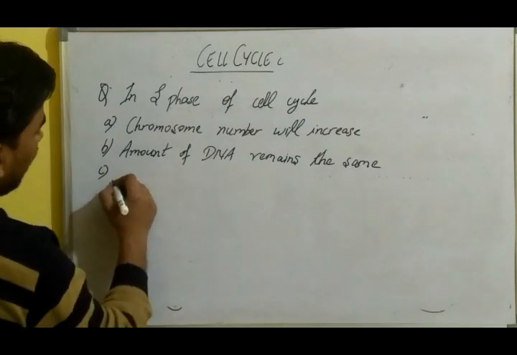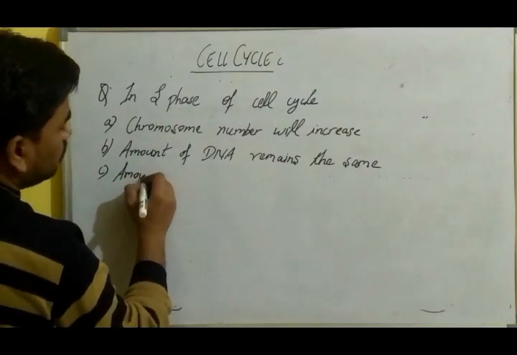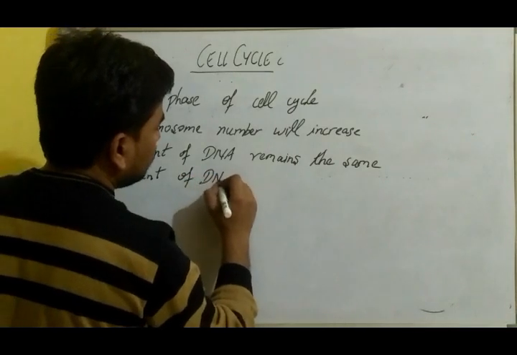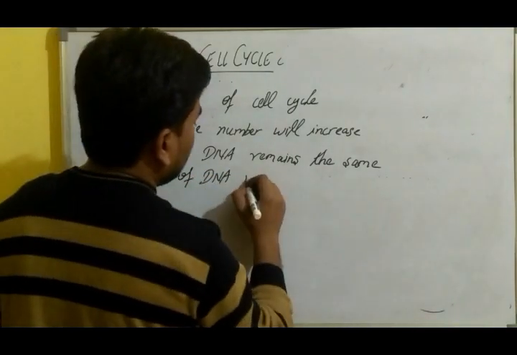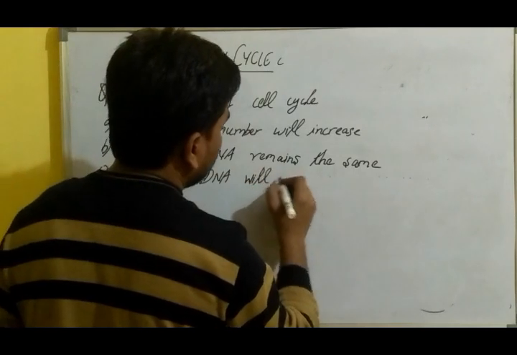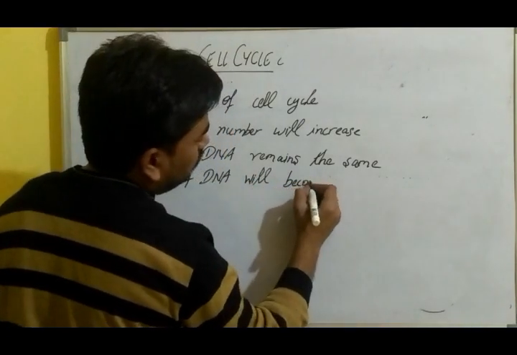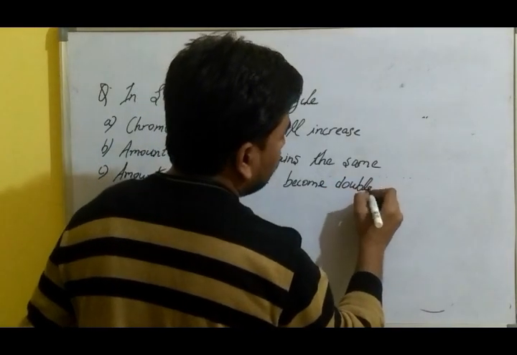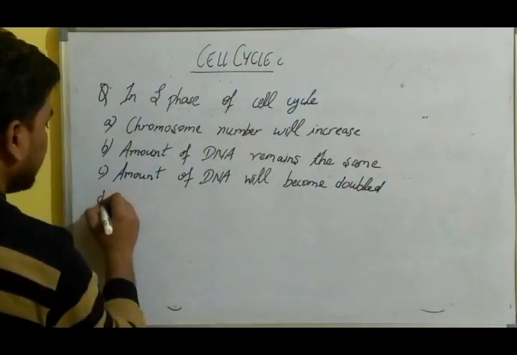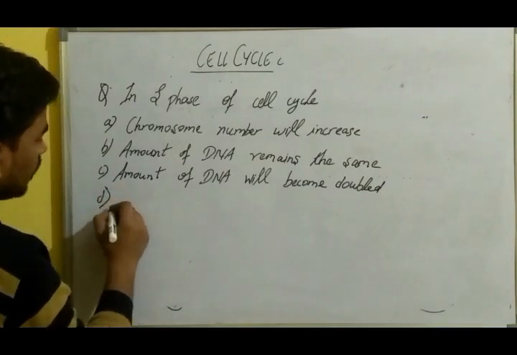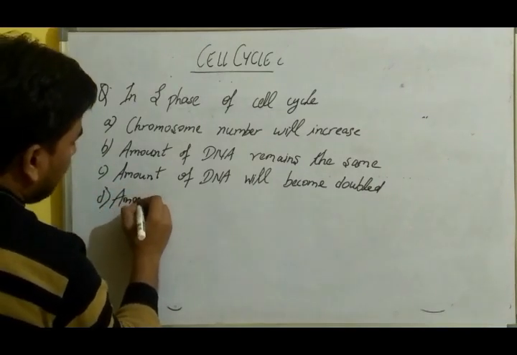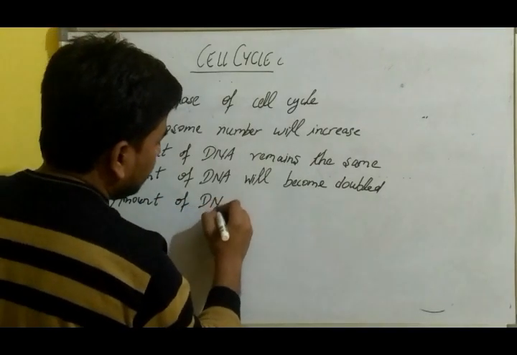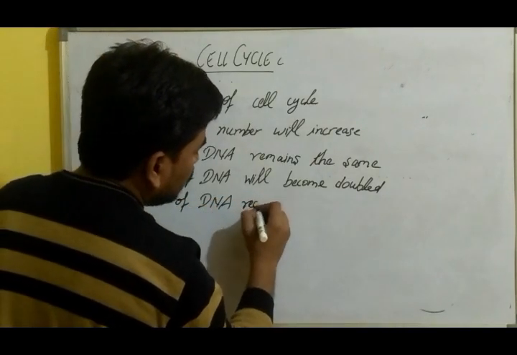Option C, amount of DNA will become doubled. Option D, amount of DNA reduced to half.